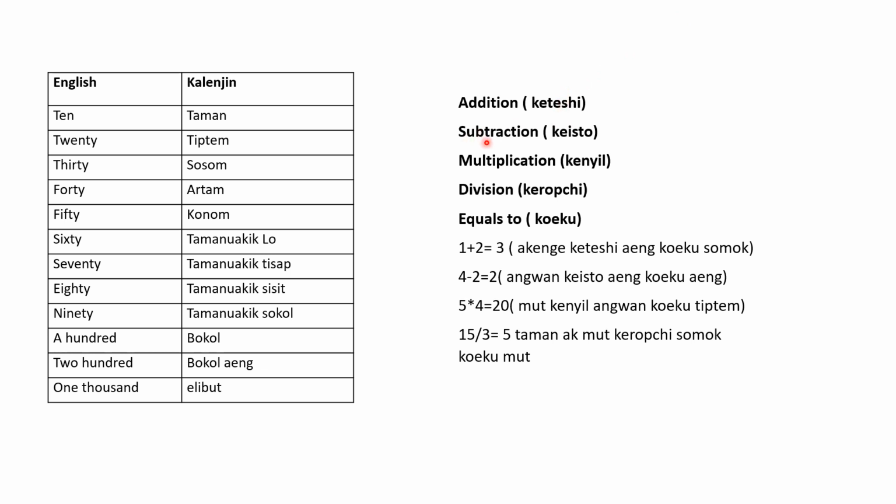And then subtraction, kesto. And then subtract is isto. Multiplication, kenyil. But multiply is nyil. Division, keropchi. But divide is robchi. You remove the ke in all of them and go with the last word as I have shown you.